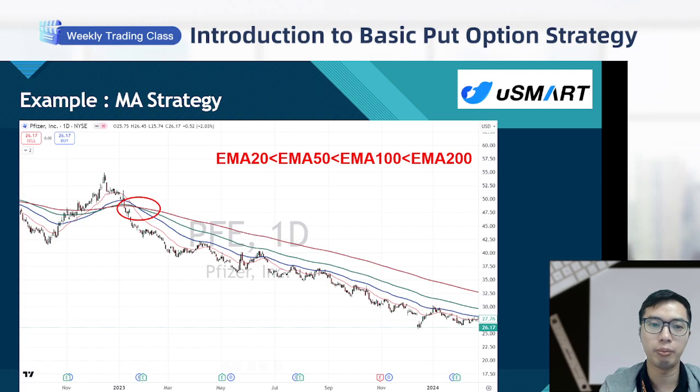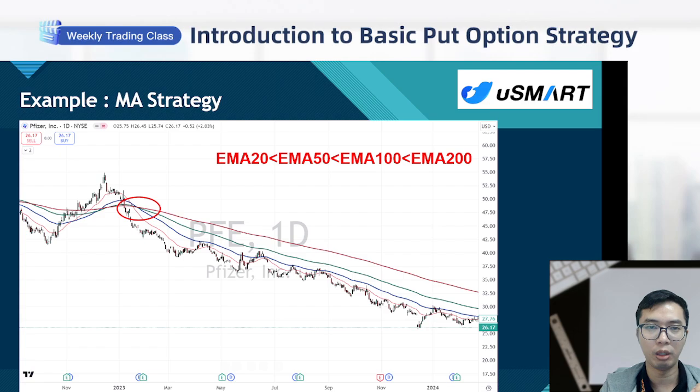What does MA mean? MA is the moving average, like let's say 20 is the average of the last 20 stock close prices. So when over the last 20 days the stock price is getting lower, it means the market in the past 20 days is getting lower. If the 20 crosses below the 50, and then the 50 crosses below the 100, and then the 100 crosses below the 200, then we can safely say this stock price is in a downtrend.